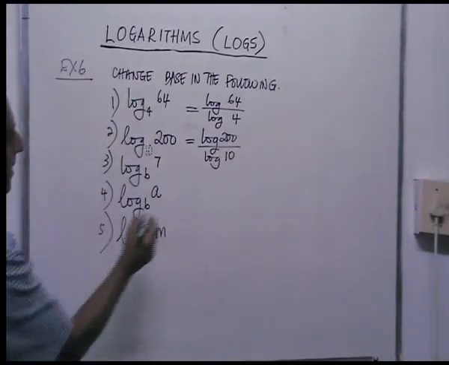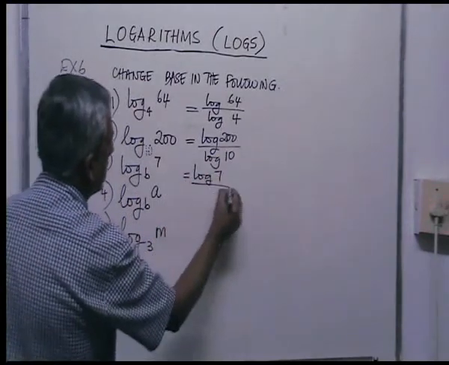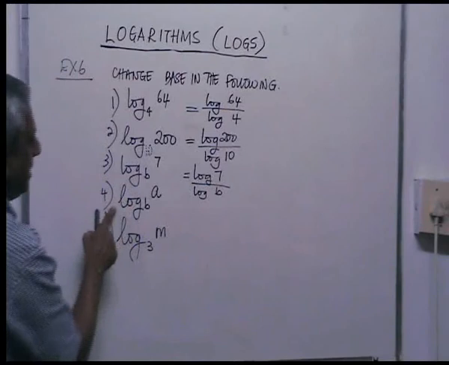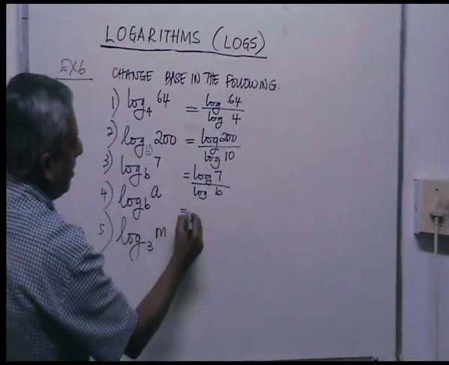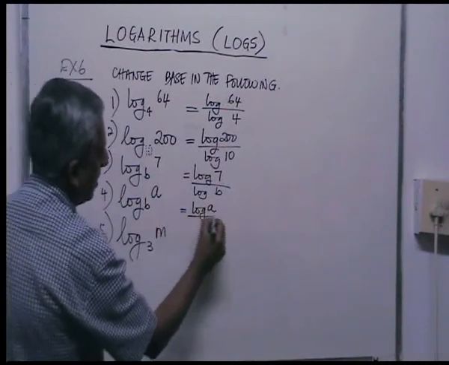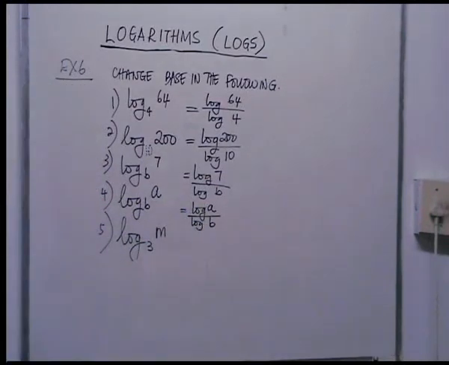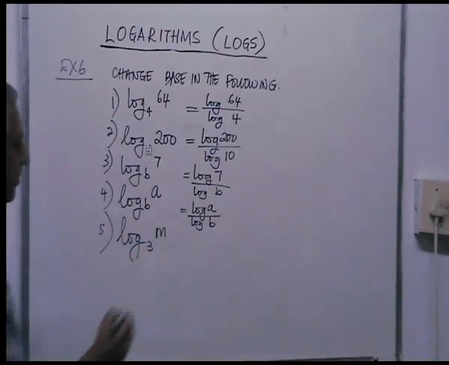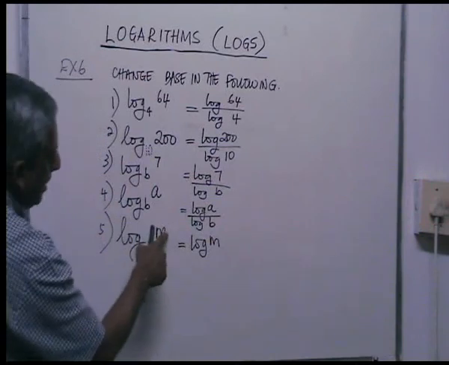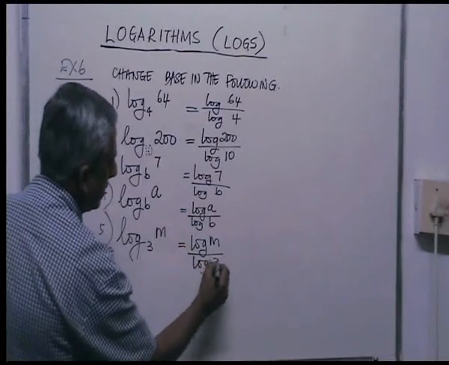Number 3 would be log 7 all over log b. Number 4 will be log a, remember it's all over, log b. And finally the last one, that will be log m over log b.